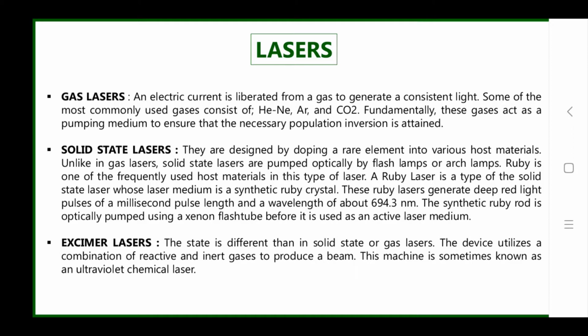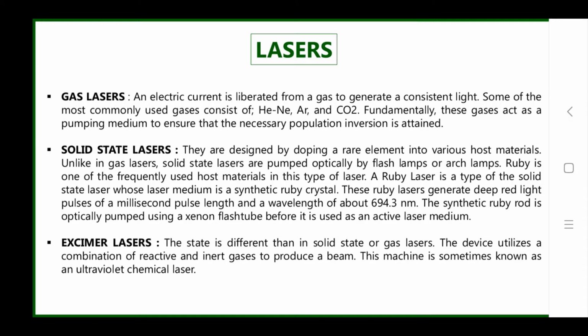Second is the solid state laser. They are designed by doping a rare element into various host materials. Unlike gas lasers, solid state lasers are pumped optically by flash lamp or arc lamp. Ruby is one of the frequently used host materials in this type of laser. A ruby laser is a type of solid state laser whose laser medium is a synthetic ruby crystal.